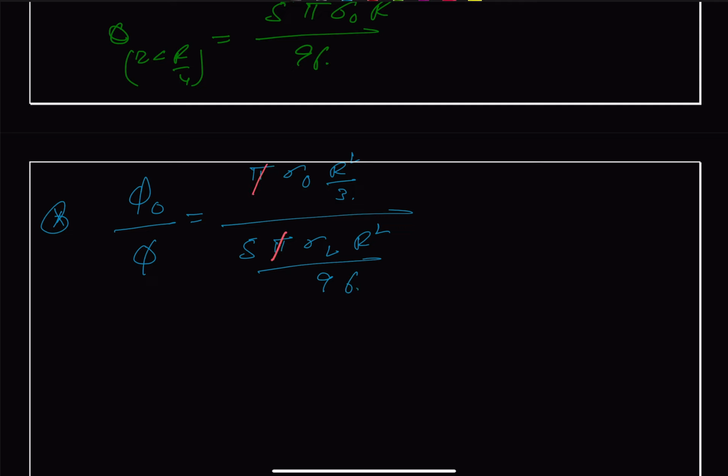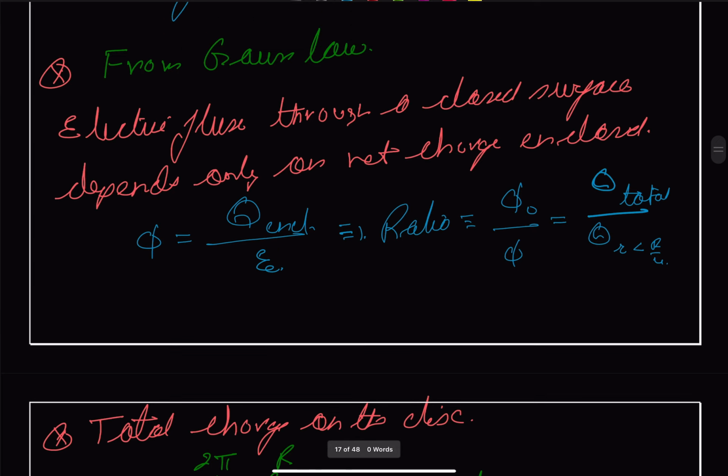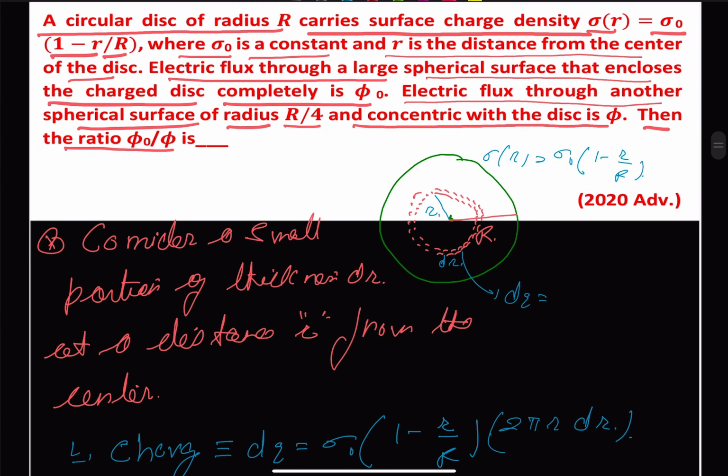So this pi sigma naught R square cancels out, and this comes as 96 divided by 5 multiplied by 3, which gives us 32 divided by 5. So this is our ratio of their fluxes, 32 upon 5.